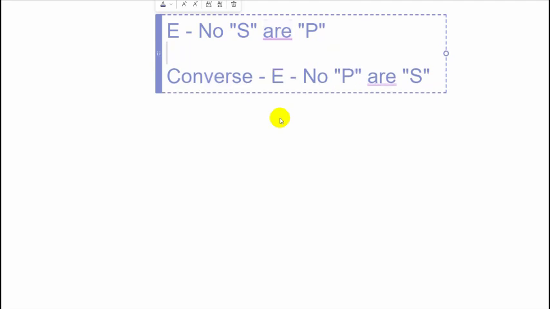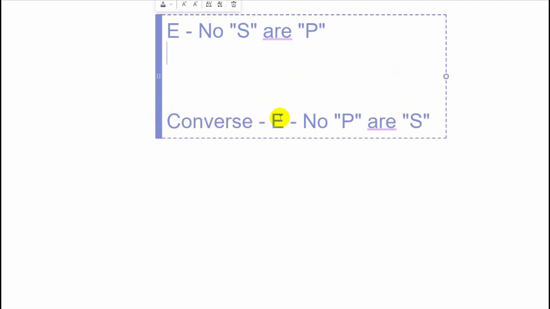Alright. Now, if we want to convert E into its obverse, that would be A proposition. And A states what? All. Now, the second rule for obverse was the subject and the predicate don't change, don't get replaced.